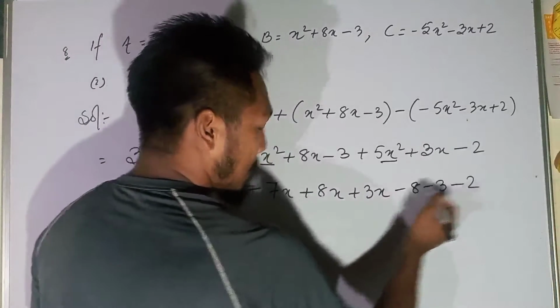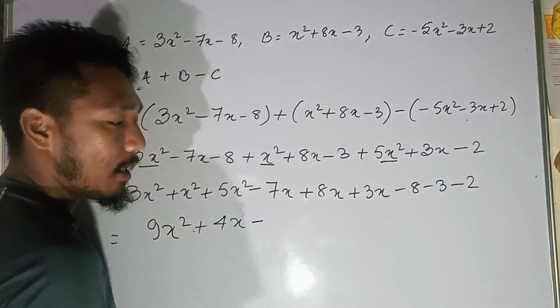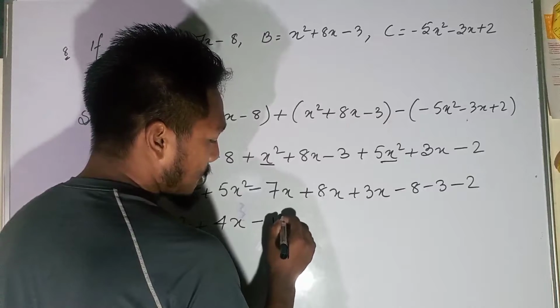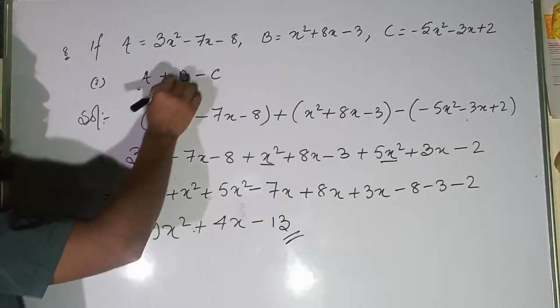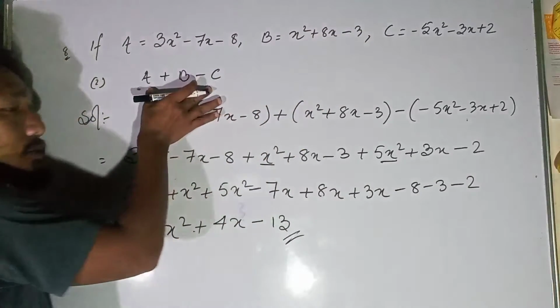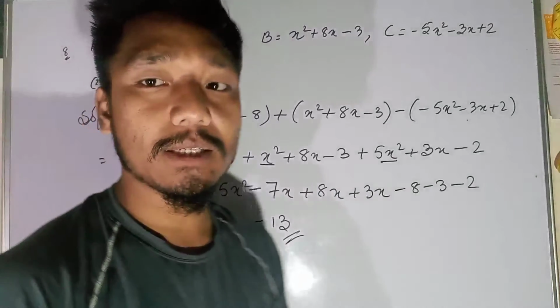Then minus, all are minus, so I'll put a minus, and now I will add the numbers. 8 plus 3 becomes 11, 11 plus 2 becomes 13. Okay, so this is our answer. So if I calculate a plus b, all these three terms, this way, my answer will become 9x squared plus 4x minus 13.